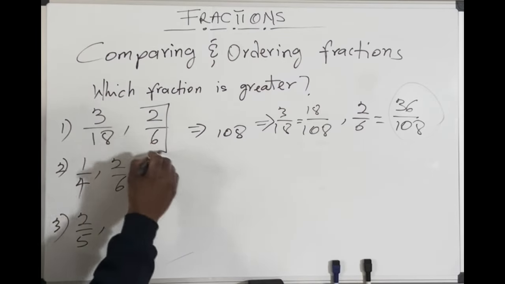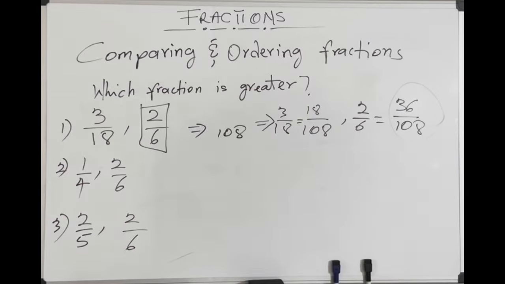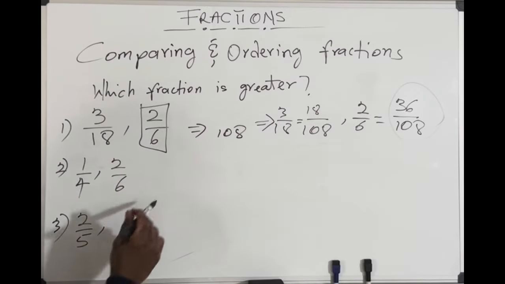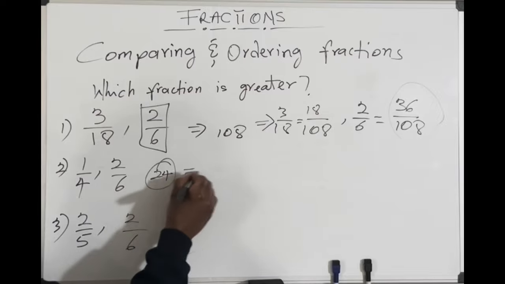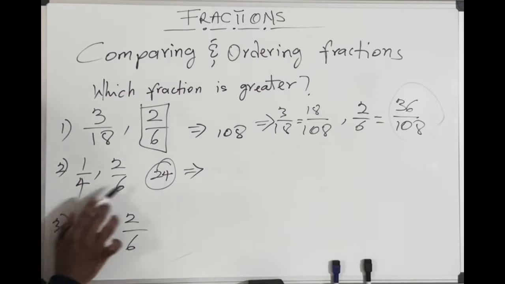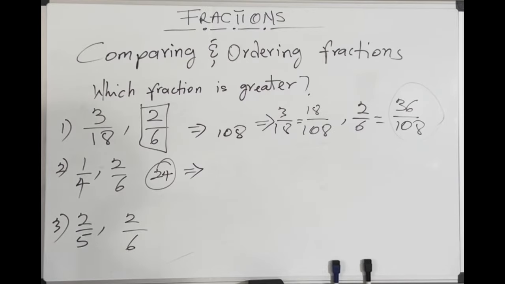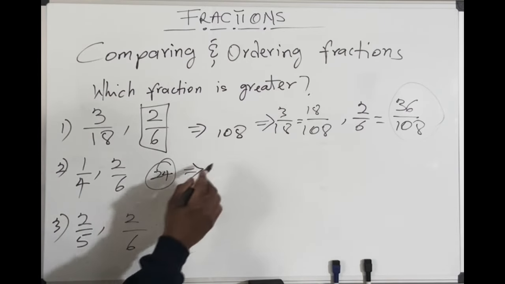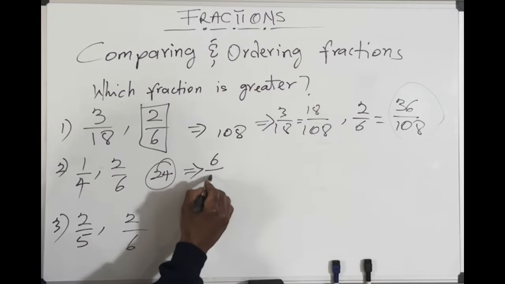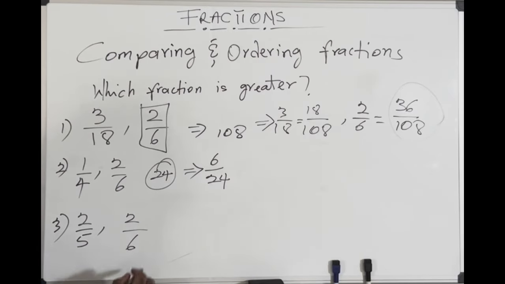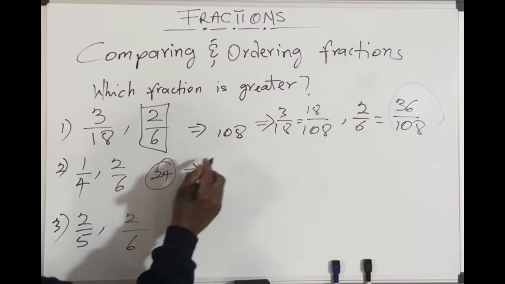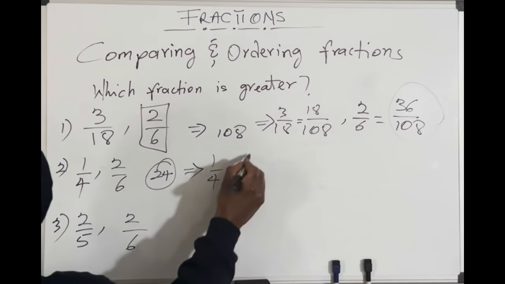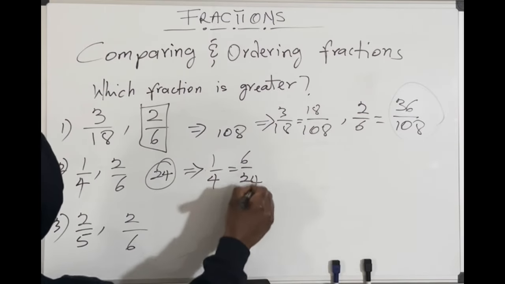So our answer will be what? 2 over 6. Okay, and then the same way, 4, 6, 24. We have 24. Move on. So 4 times what number will give us 24? 6. 6 times 1 is what? 6. So 6 over 24. 1 over 4 is 6 over 24.